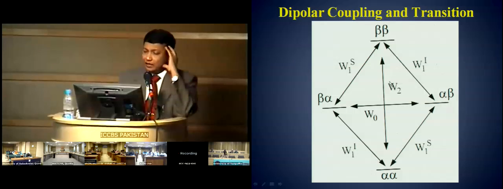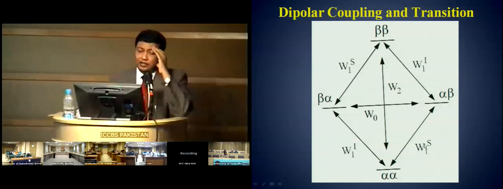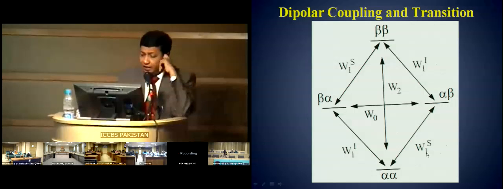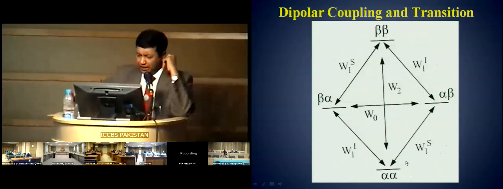So they are close enough in space, and you have now a very interesting situation. You see that this is the transition of S. This is S, okay, and this is I.